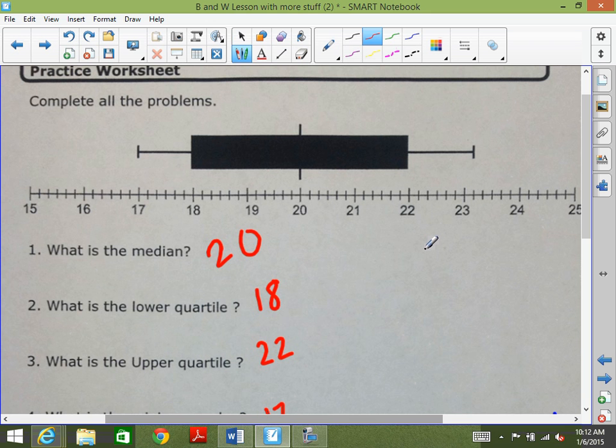What was the maximum? So 23.16 was the maximum. Okay, what was the minimum? 17.